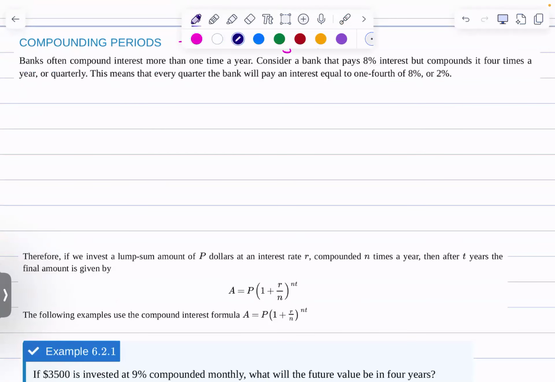Now, we need to memorize everyone's favorite thing. A lot of them will be pretty straightforward. We need to memorize some common compounding frequencies.